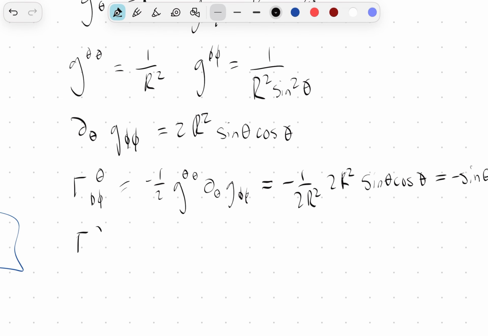And then if you do the same thing for phi here, this actually happens to be symmetric.